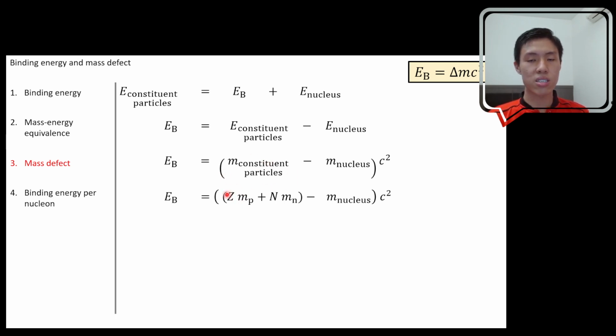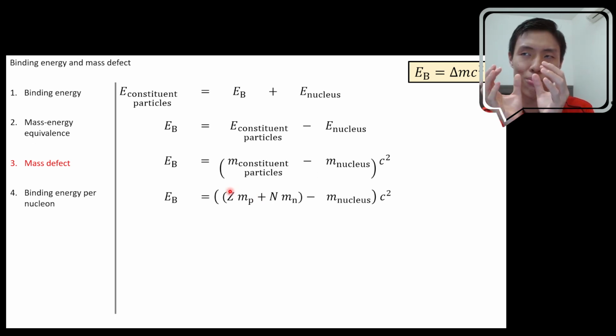So Z here is the proton number, or you can say the atomic number. So how many protons are there is represented by this value here. So how many protons there are multiplied by the mass of proton, you are able to get how much the protons contribute to the mass of constituent particles. Okay, if you have the number of neutrons multiplied by the mass of neutrons, you get how much mass the neutrons contribute to the mass of constituent particles.